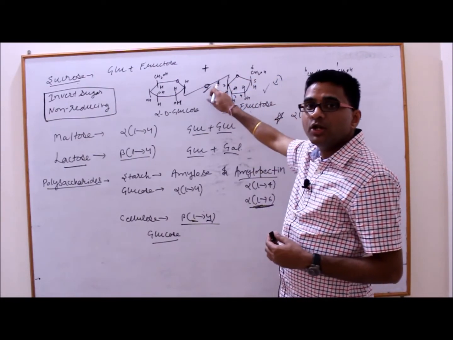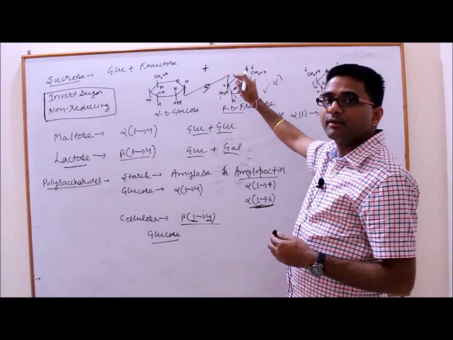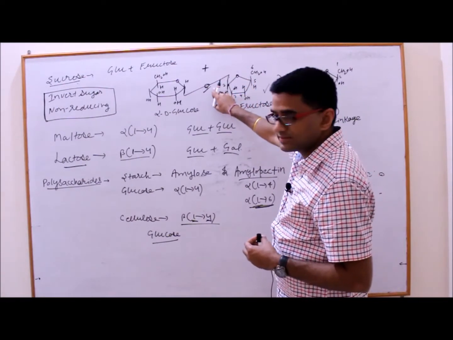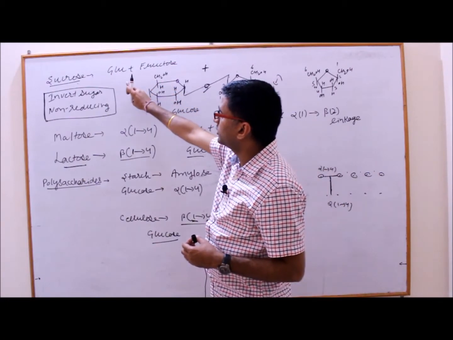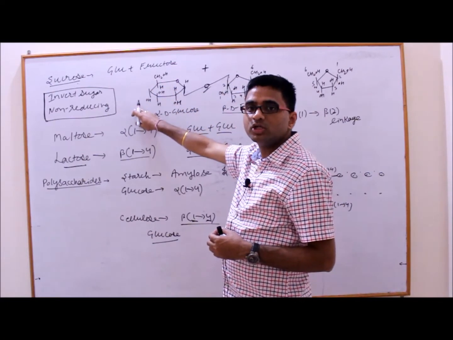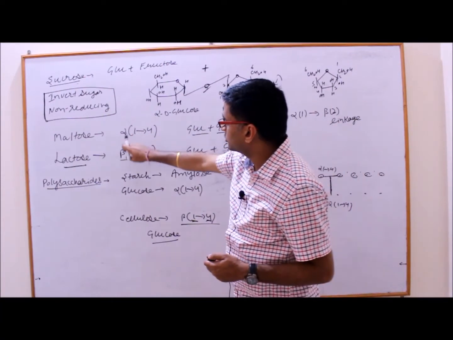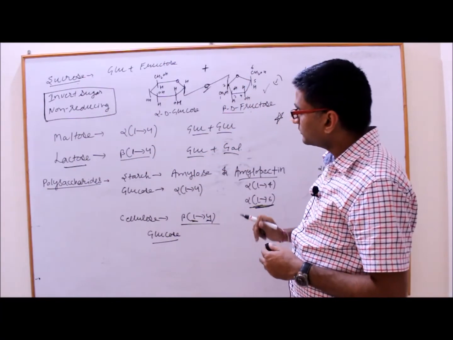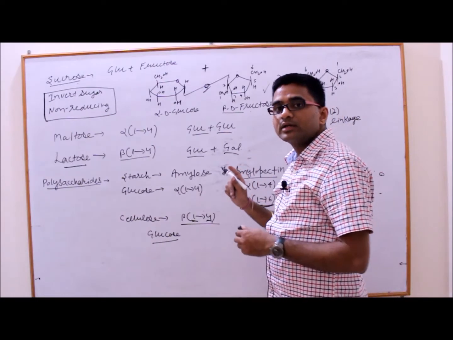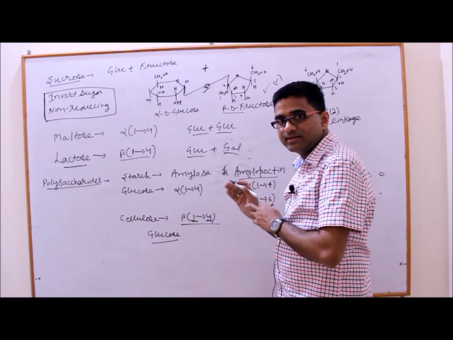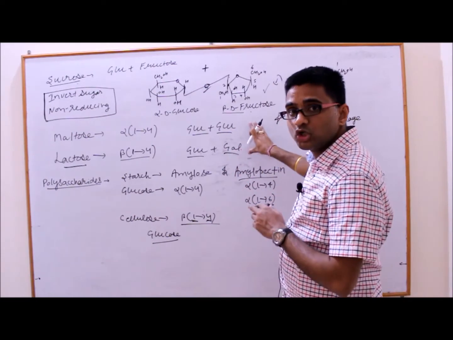In other words, no free aldehyde carbon or ketone carbon is present in sucrose. That's why it is called a non-reducing sugar. But in maltose, lactose, etc., one free carbonyl carbon is present, so they are called reducing sugars.